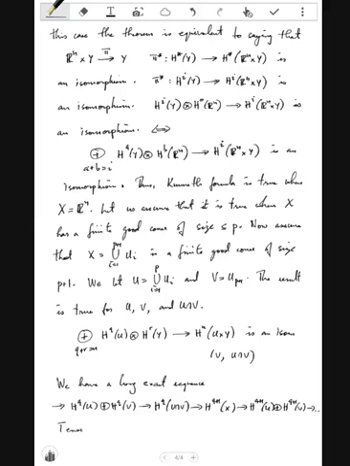So tensoring this with H^r(Y), we get a long exact sequence.